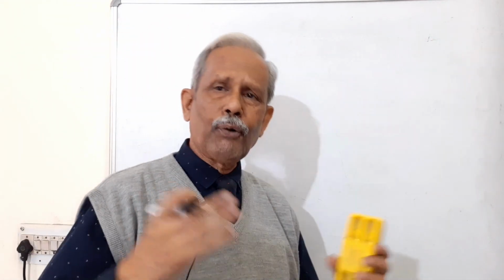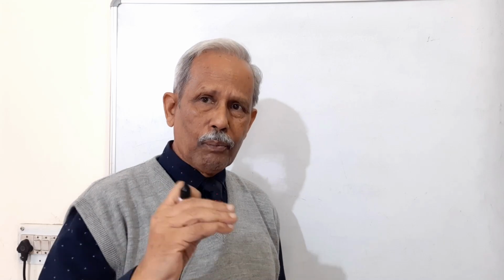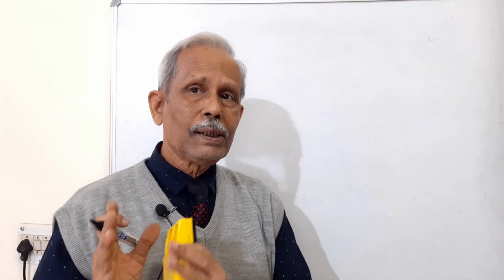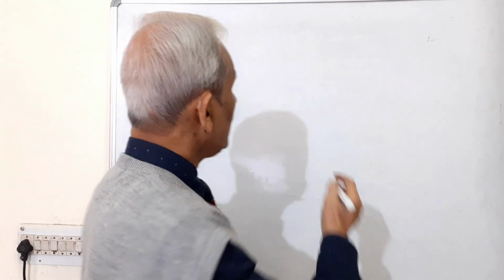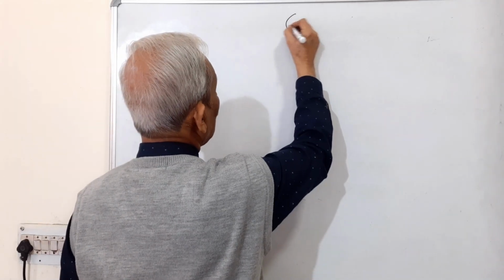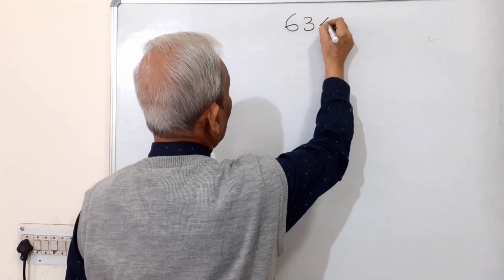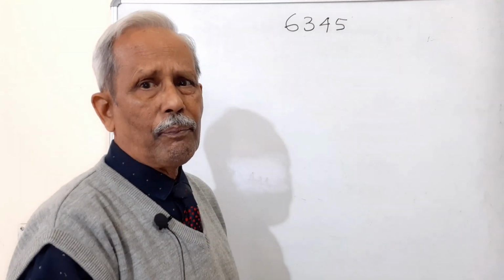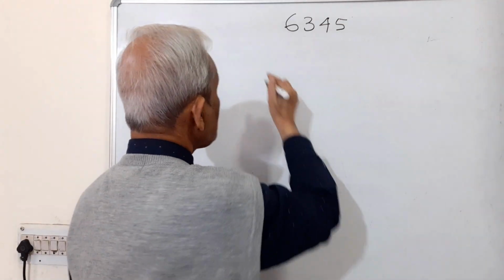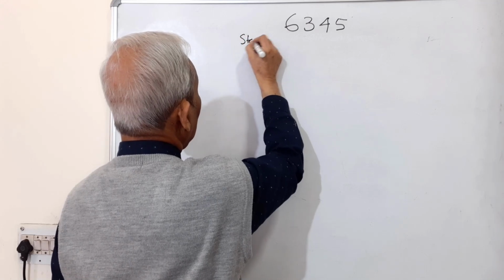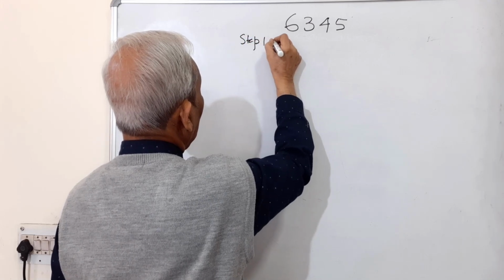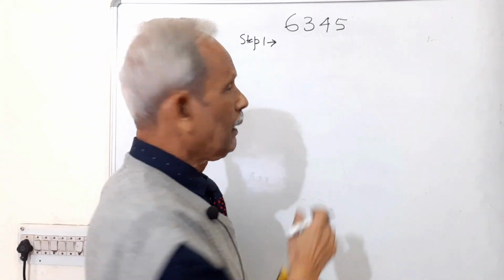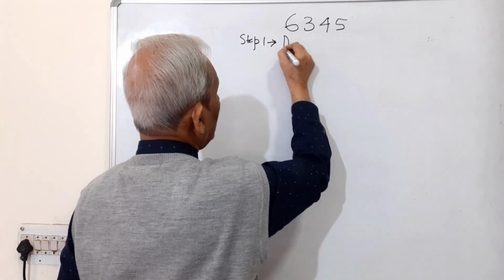Let us take any 4-digit number where at least two digits are different. So let us take the number 6345. The digits are all different here, so there is no problem. Step 1: arrange it in descending order.